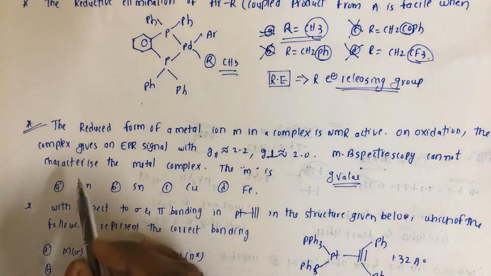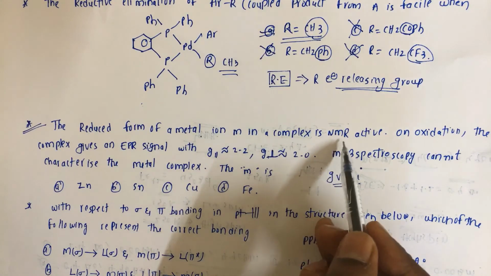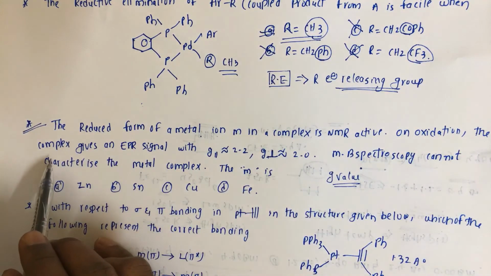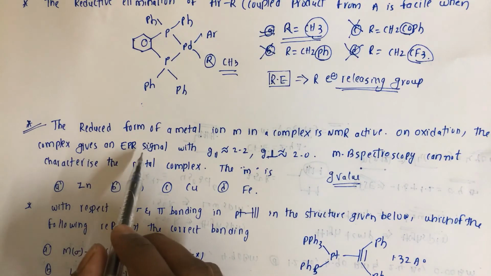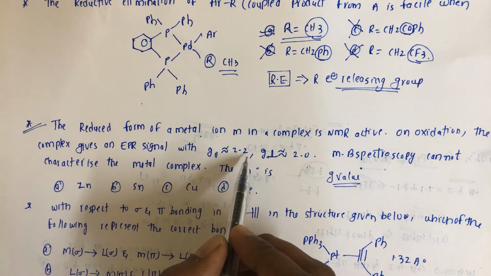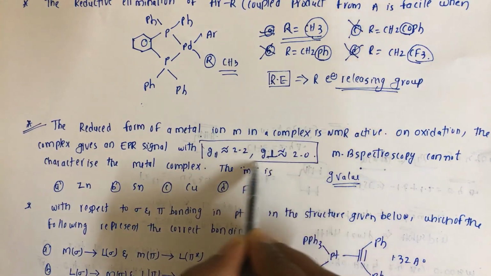The reduced form of metal ion M in a complex is NMR active. On oxidation, the complex gives an EPR signal with g parallel 2.2 and g perpendicular 2.0. So this is the key point here.